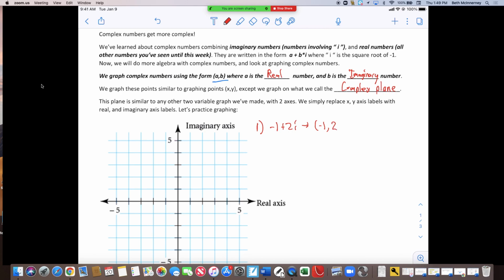We're just going to write 2, though, because we know that that part is imaginary. Okay? And then when we graph it, just like you guys have been doing in the xy plane, we're going to graph it at -1, +2 on the axes. So it'll show up right there. Okay?